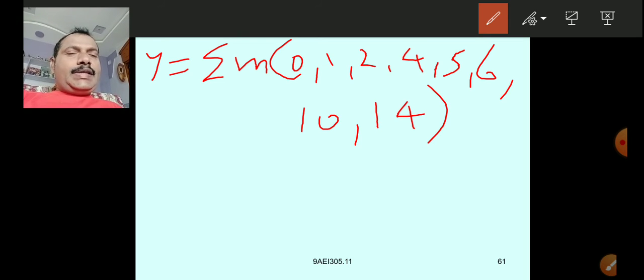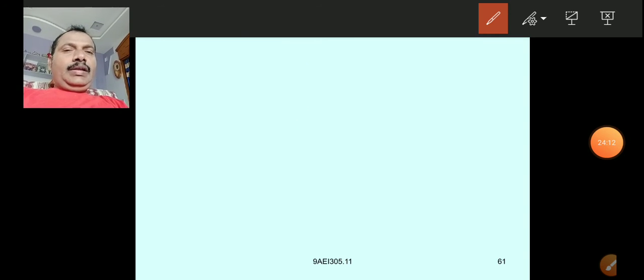So this is a Boolean expression. Let us simplify this expression. Let us draw the K-map for this 4 variable expression.